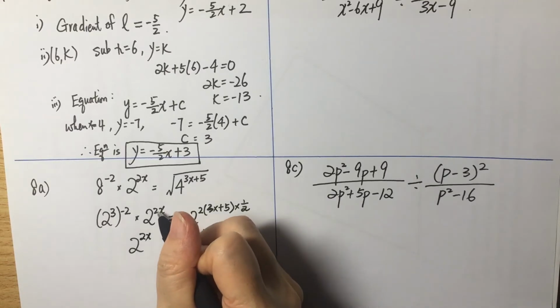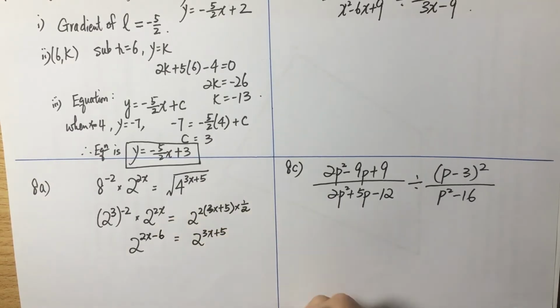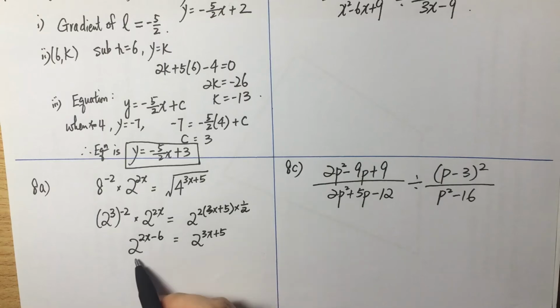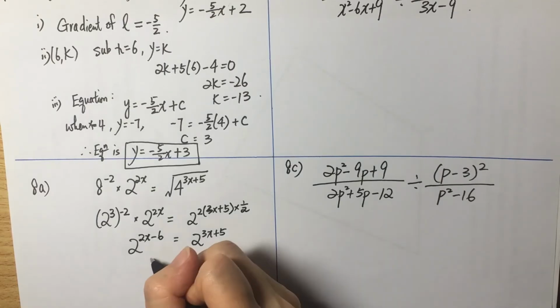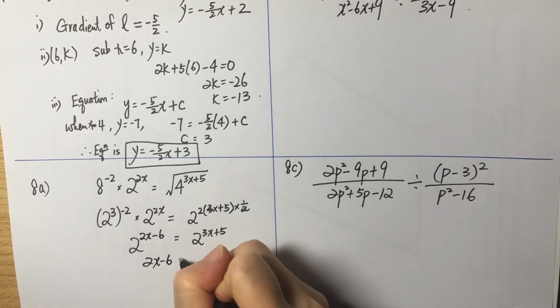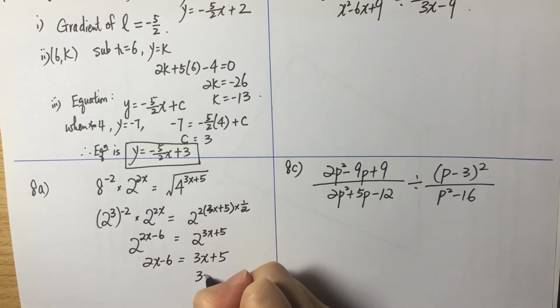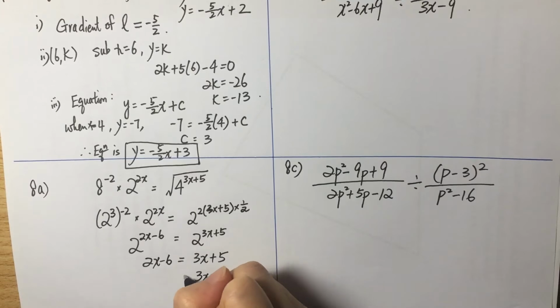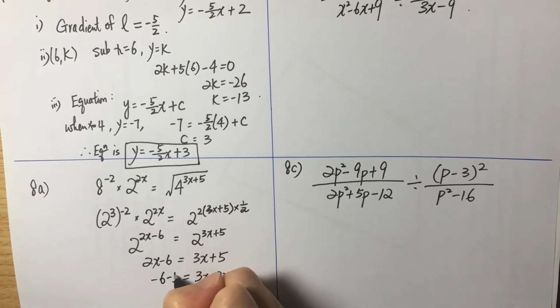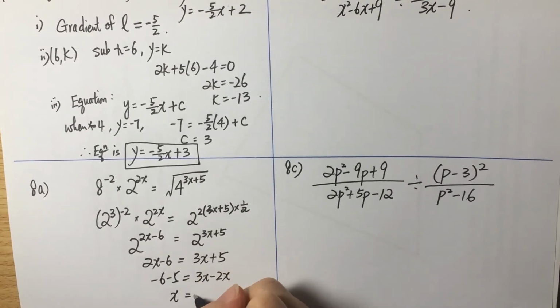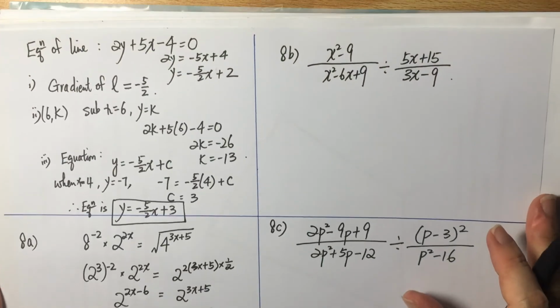So the power will be 2x minus 6. Now these two have the same base, so if they are the same, the powers must also be the same. So I equate the two powers, and so you have x equals to negative 11. So this is the answer.